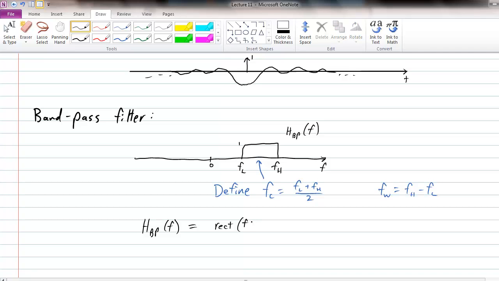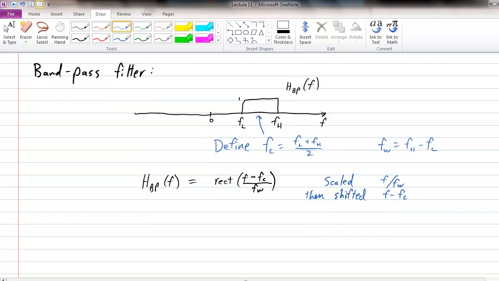Replace F with (F minus FC) over FW. Okay. So let me write that here. Scaled F over FW, then shifted, F minus FC to replace F.